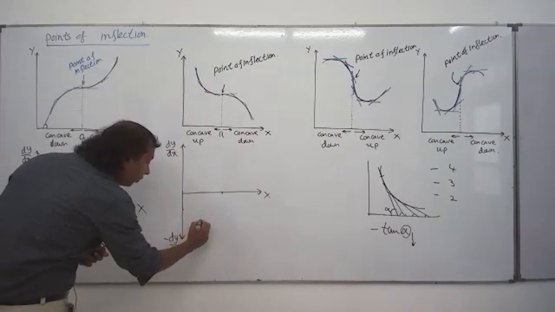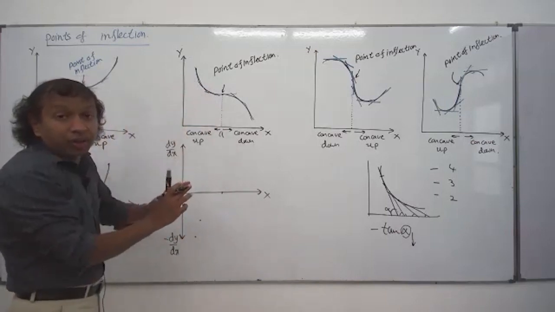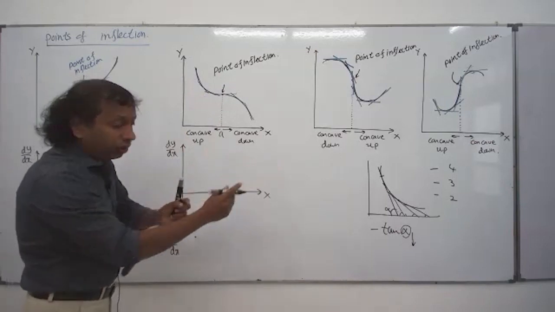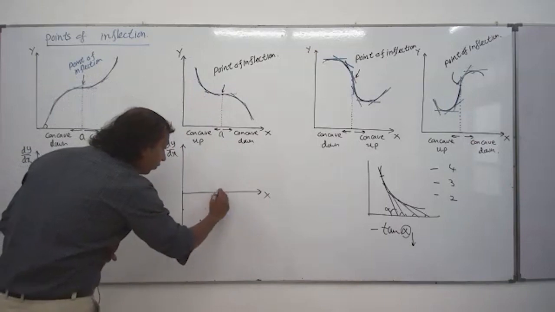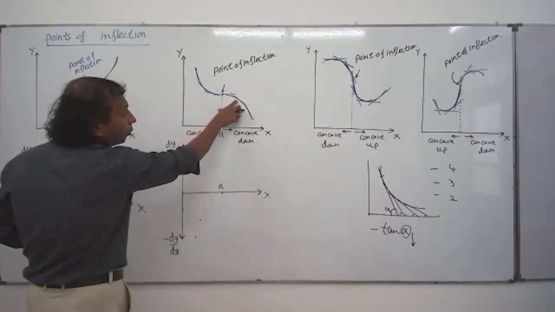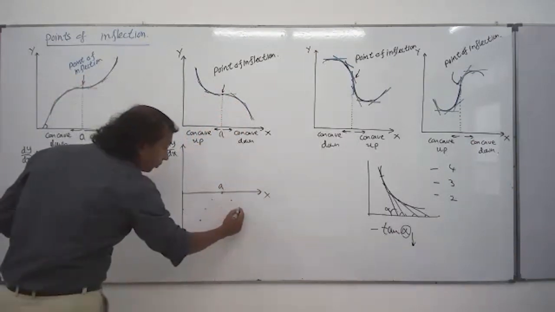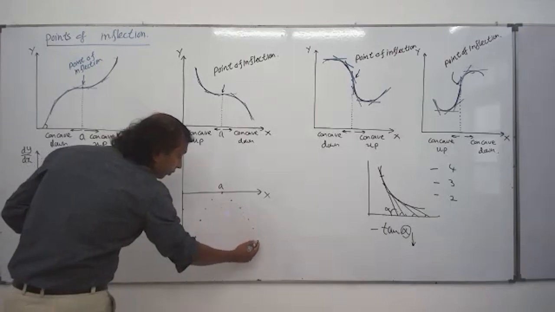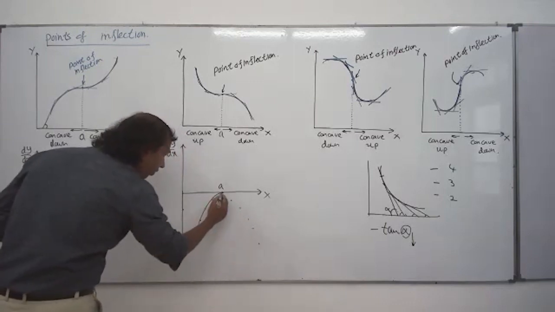When we go this way, through minus values, the gradient is going to 0. Then this way we get some points. Exactly here, at x equals a, the gradient is 0. After that, again the gradient is negative and decreasing. Like this we get points. This way we get a graph.